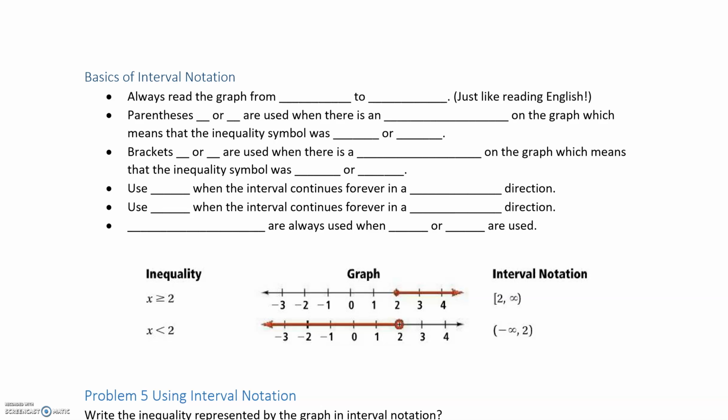So whenever we're reading a graph, we're going to read it just like we read English, which is left to right. Okay, so parentheses, we all know what parentheses look like, are used for when there's an open circle on the graph. So open circle meaning either greater than or less than.